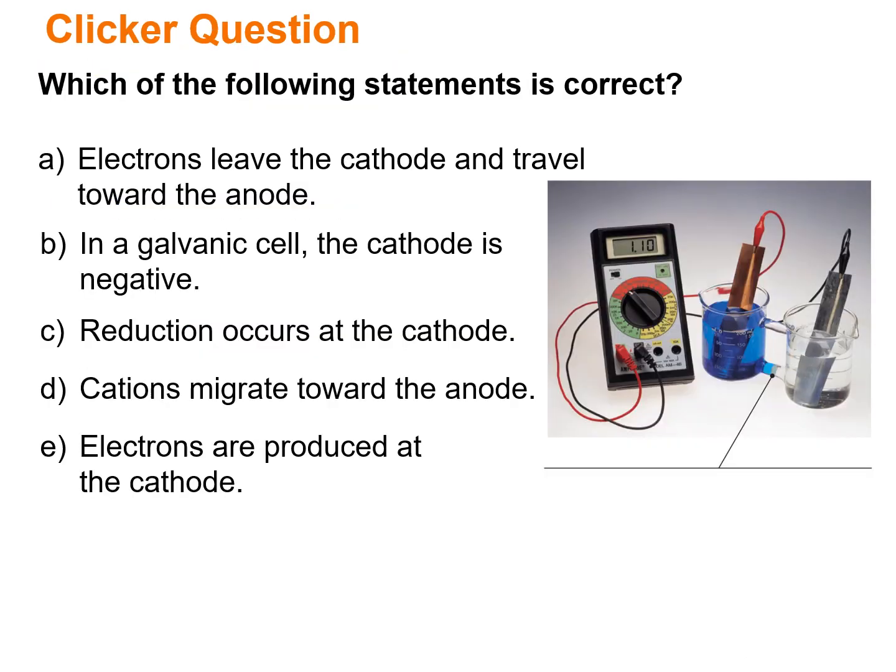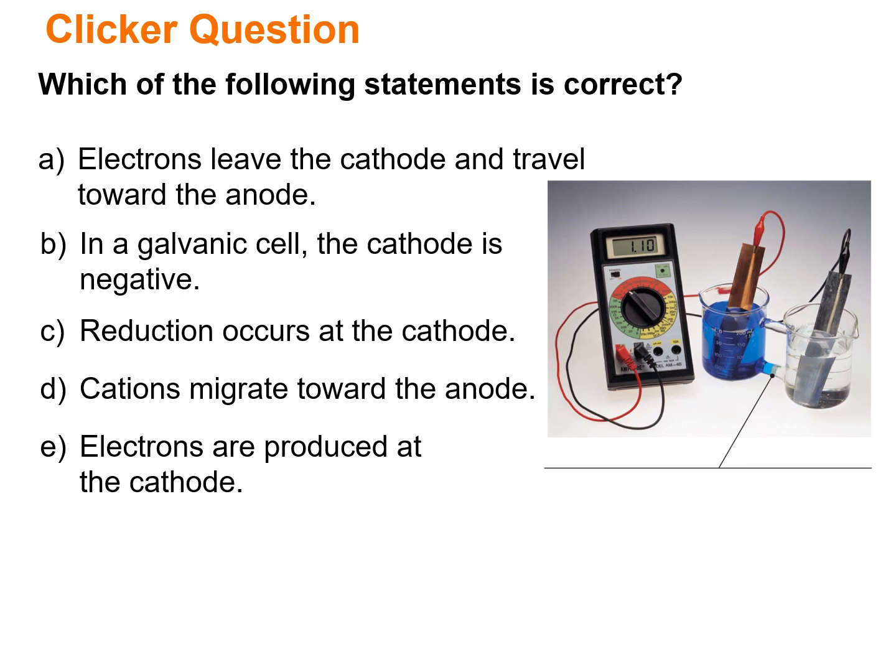So which of the following statements is correct here? We have electrons leave the cathode and travel towards the anode. We just said that it leaves the anode and goes towards the cathode, so I'm going to say that one's incorrect. In a galvanic cell, the cathode is negative. We've been showing the cathode is positive, so that doesn't jive with what we had before. C says the reduction occurs at the cathode.